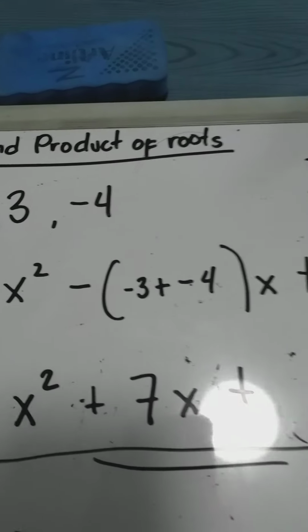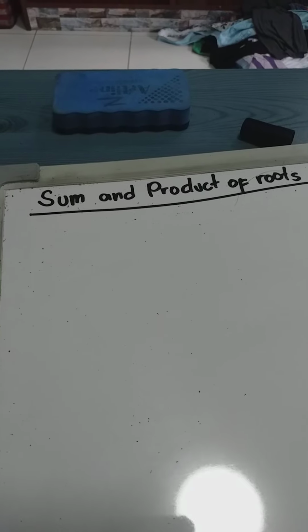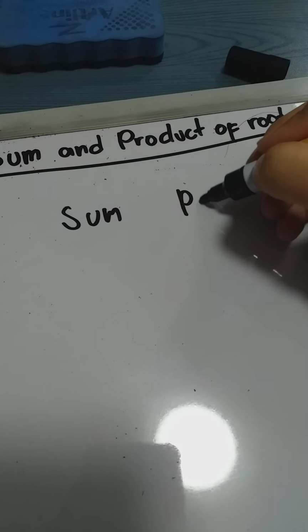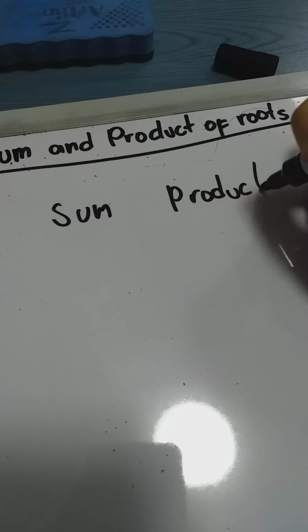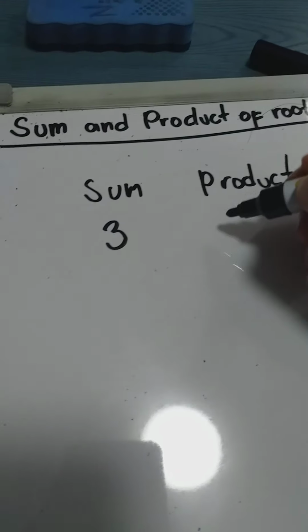Okay, so now to answer some frequently asked questions. What if your teacher was good enough to give you the sum and the product already of the roots? All you have to do is just distribute them to the equation.